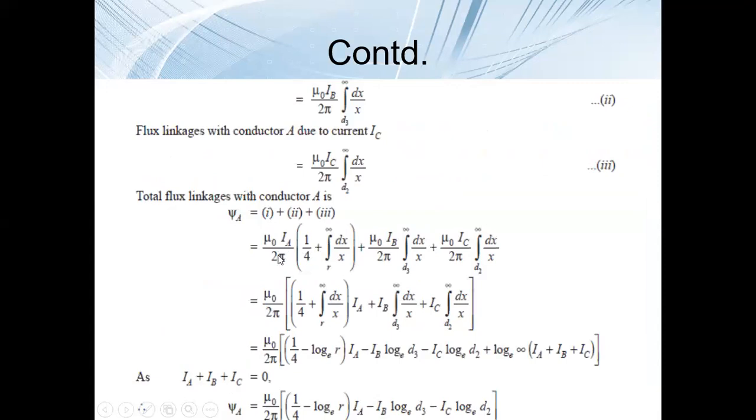Mu naught IA by 2 pi 1/4 plus integration R to infinity dx by x, plus mu naught IB by 2 pi integration D3 to infinity dx by x, plus mu naught IC by 2 pi integration D2 to infinity dx by x. Now I will refer to the whiteboard.